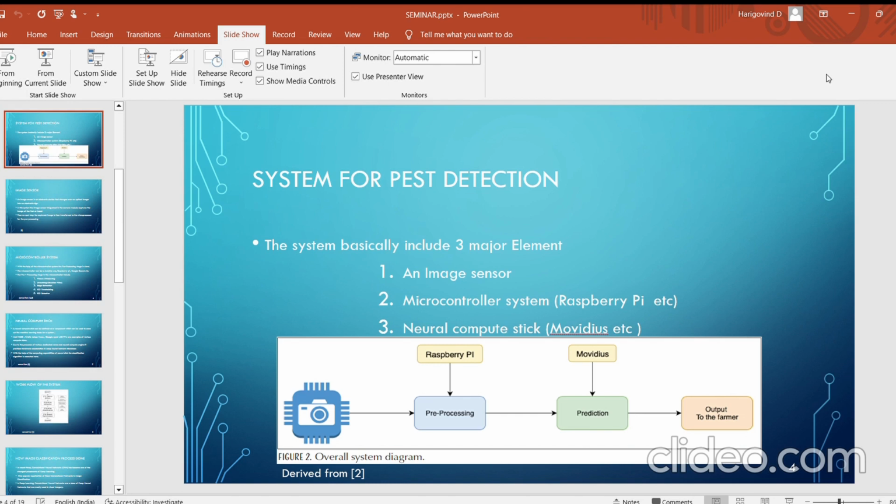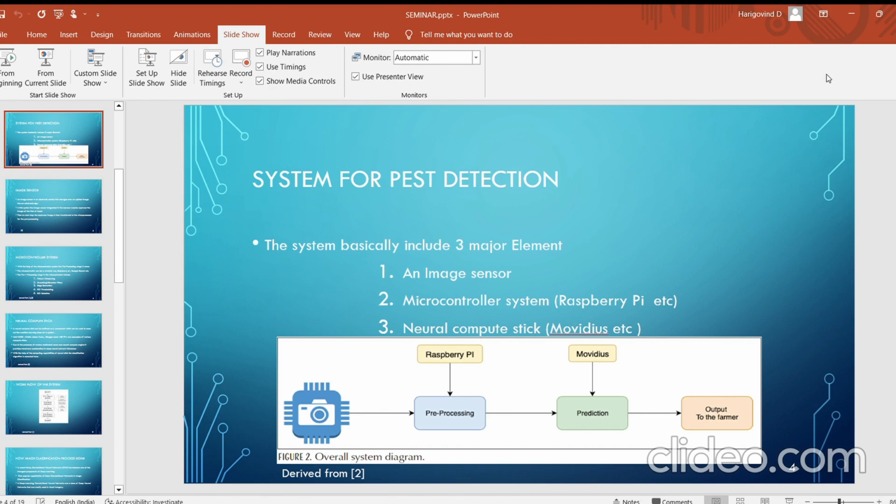As the next stage, the pre-processed data from the microcontroller is directly fed into the component called the neural compute stick. The neural compute stick is solely responsible for the prediction process involved in pest detection, which is also a major and important part of the system.